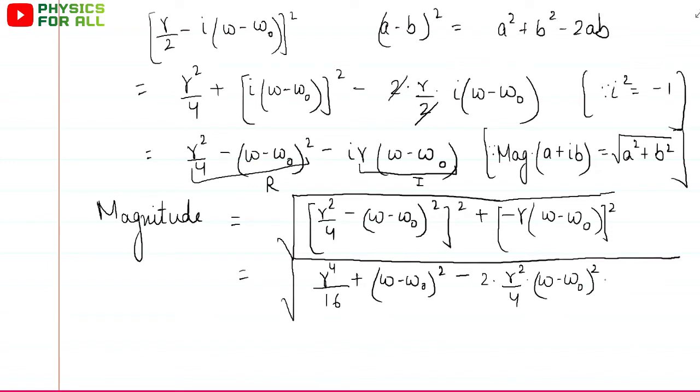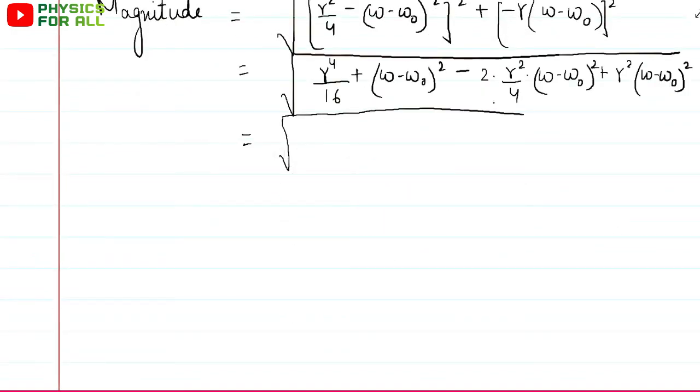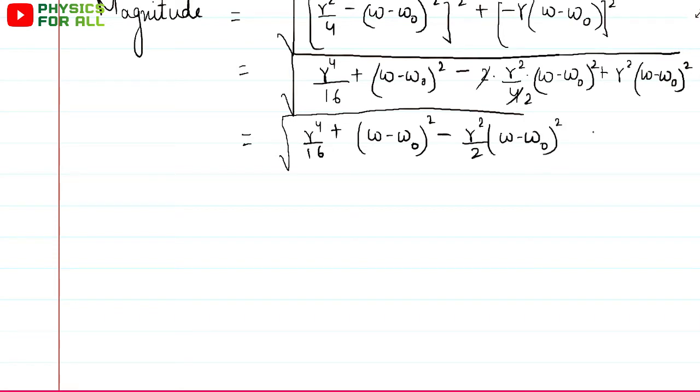Further from here, what do we get? Minus times minus, or minus squared, is again a positive number. So this is gamma square (omega minus omega naught) whole square. Just keep on solving. This gives us 2. So we have gamma 4 upon 16 plus (omega minus omega naught) whole square minus gamma square by 2 (omega minus omega naught) whole square and plus gamma square (omega minus omega naught) whole square.